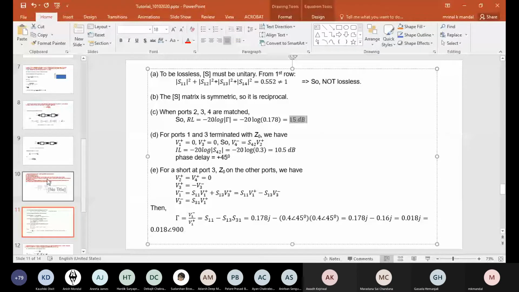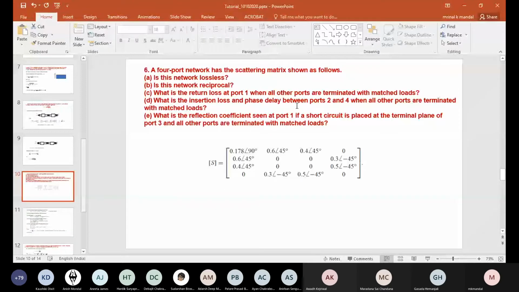Next, insertion loss and phase delay between 2 and 4. Again, it is following the same definition of S parameter, because all other ports are matched terminated. So port 2 and port 4, S24 is 0.345 at minus 45 degree.